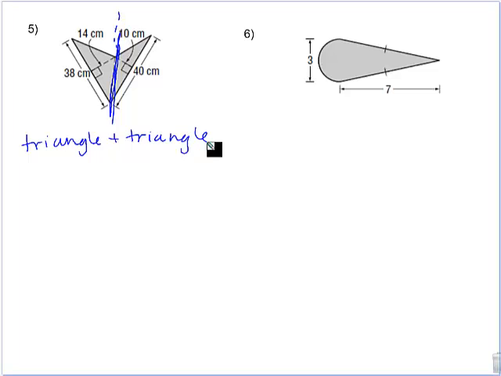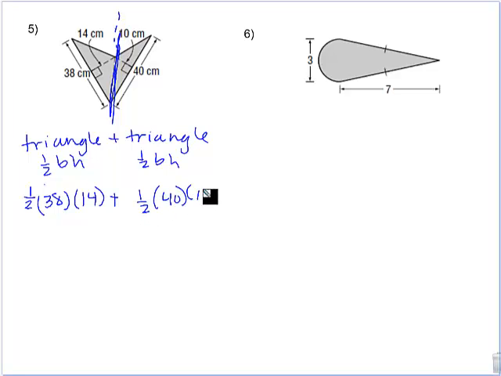So how would we find the area of the triangle on the left? Okay, half base height, so half of what? 38 times 14. Our other triangle would be half of 40 times 10, yeah. And you can figure out what this is.